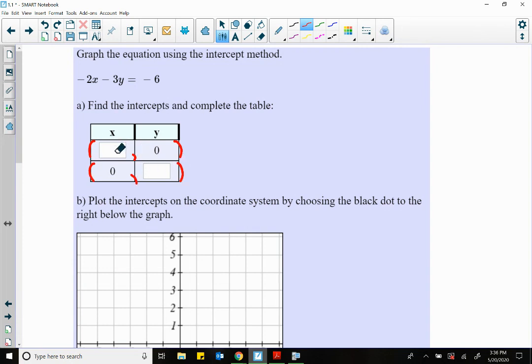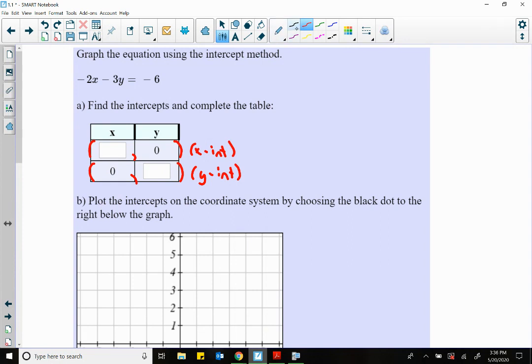Notice this is blank, comma, 0. That means this one is going to be the x-intercept because that y value is 0. This is 0, comma, blank. That means this one's going to be that y-intercept. Remember, any point that has 0 for a y value is an x-intercept. Any point that has 0 for an x value is a y-intercept.